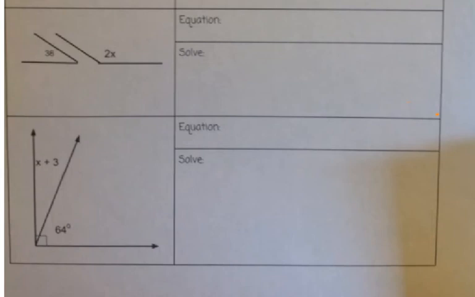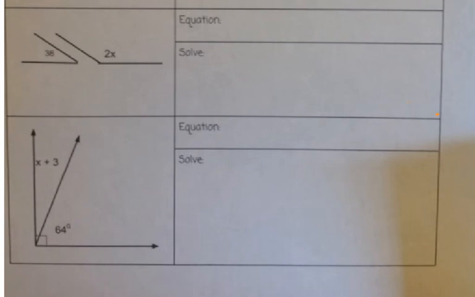Now, if you look at the next problem, I've got two angles. One says it's 36 degrees and the other says it's 2x. If I were to put those angles together, they would make a straight line or a straight angle, and I know that straight angles are 180 degrees. Another thing we learned about these two angles is that they are supplementary, which means two angles that sum to 180 degrees.